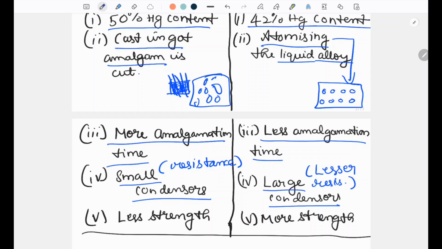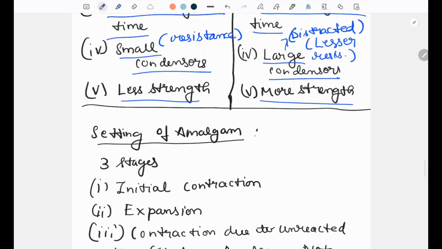If we use small condensers there, the restoration gets disturbed, so we use larger condensers so that the restoration remains intact. Comparatively, lathe cut alloys are of lesser strength than spherical alloys. Spherical alloys are of more strength.